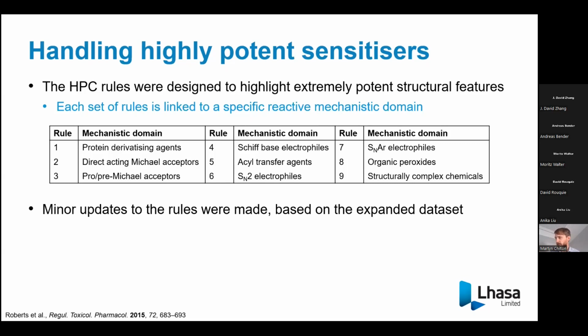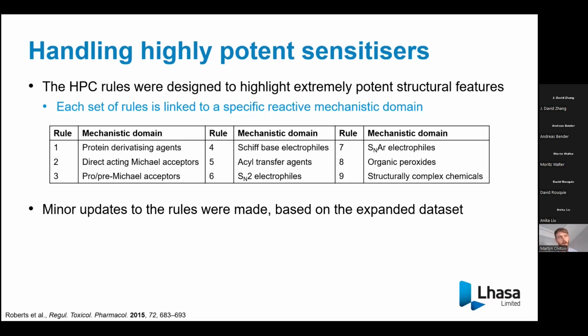We had the opportunity now to check how well these rules worked on our expanded data set and whether there were any updates needed. Fortunately, Dave Roberts was part of the collaboration with us, which was really good to have him on board. Most of the time, the rules worked well, but there were a few minor updates we could make.